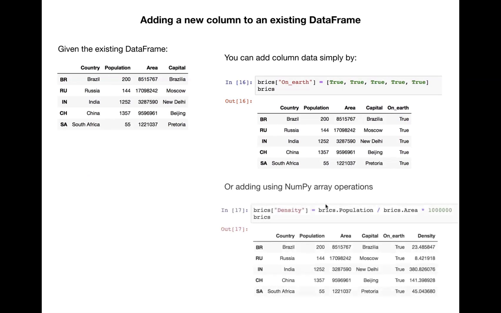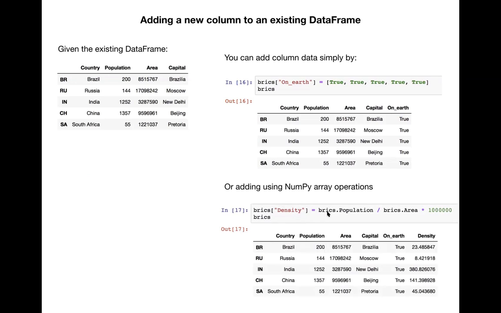All right. And you can also use the NumPy array operations, which is also very, very useful to do data analysis with pandas. For example, I want to add one column called density, for population density. So the syntax goes the same: BRICS, square brackets, and density, which is the column index for population density.